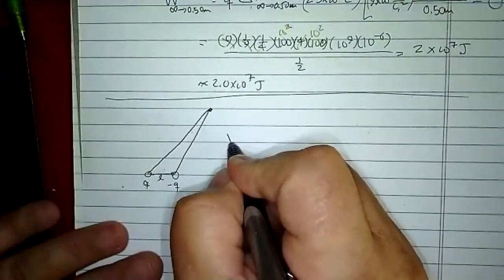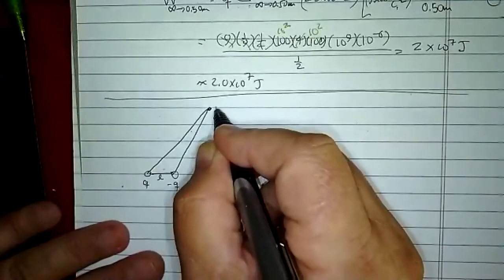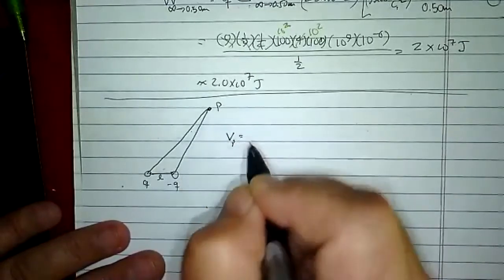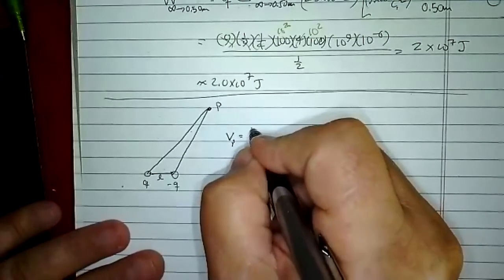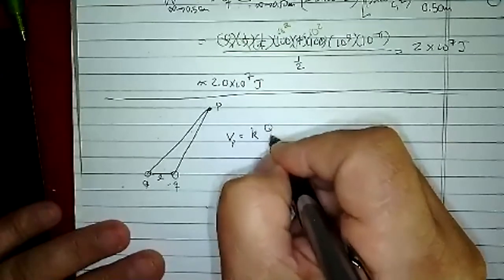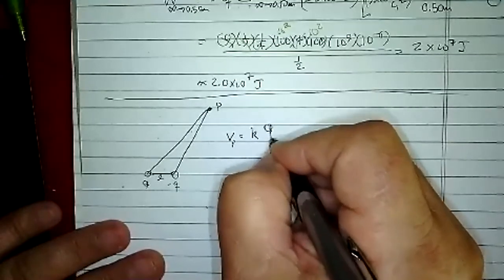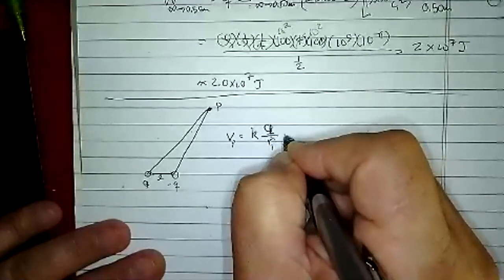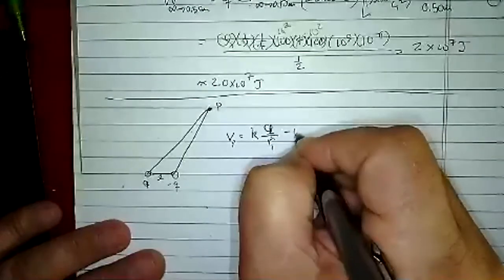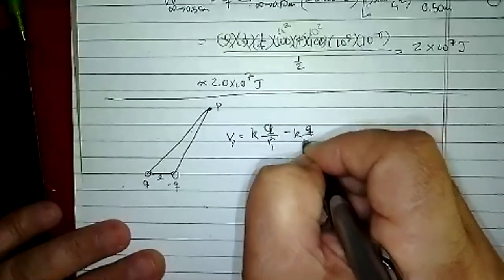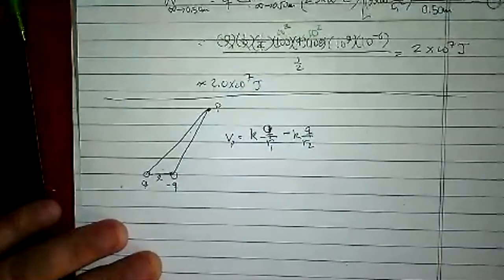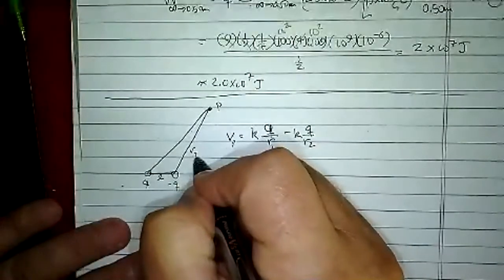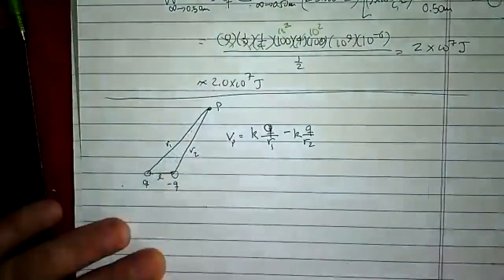So the voltage at this point P is equal to K q over R1 minus K q over R2, where this is R2 and this is R1.